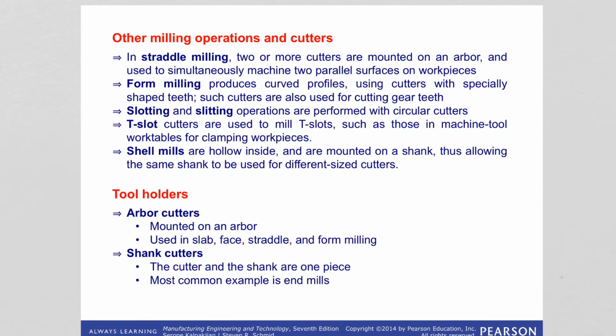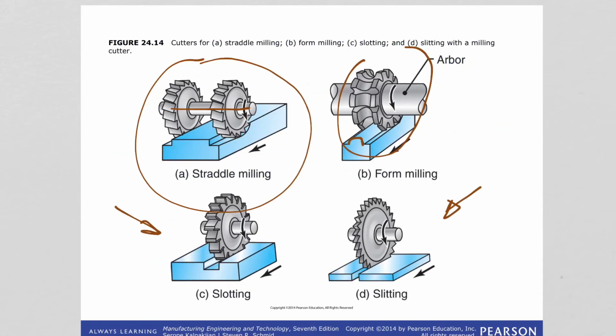So while we are discussing different tool holders, we say arbor. Some of them, remember, like slab, face, straddle, and form milling. In this case, we have arbor.